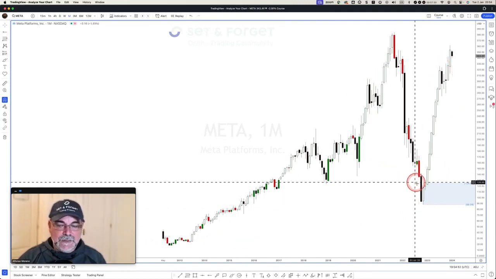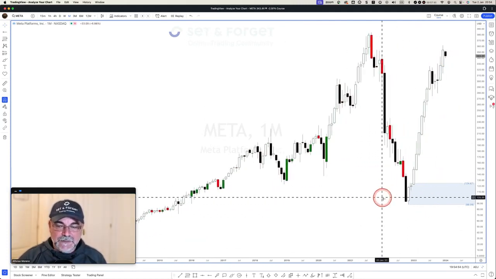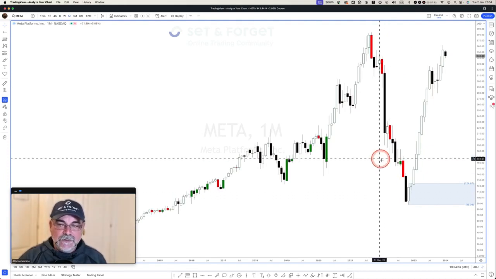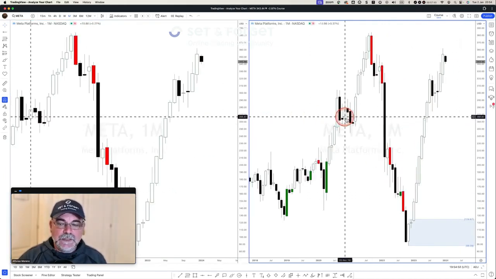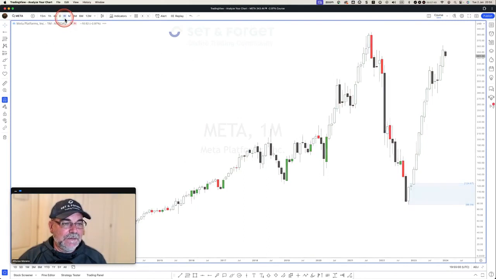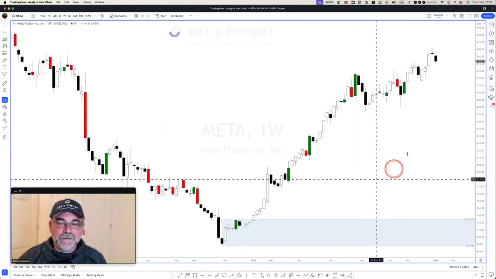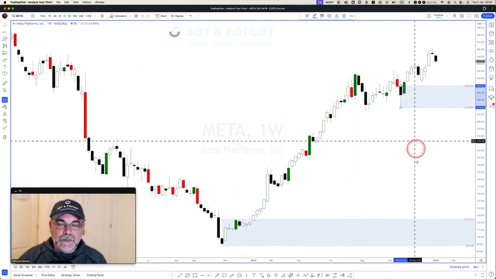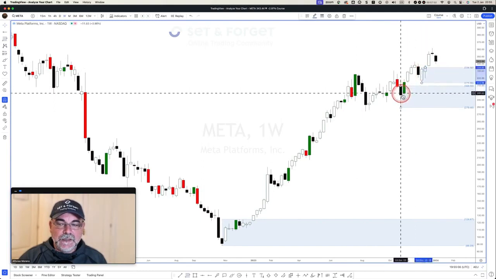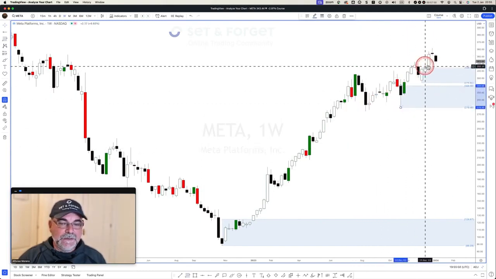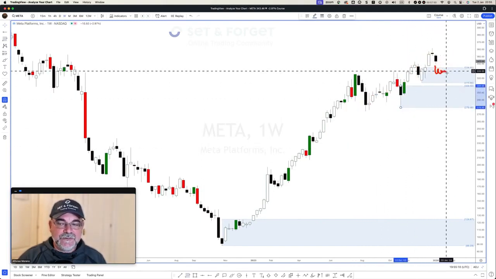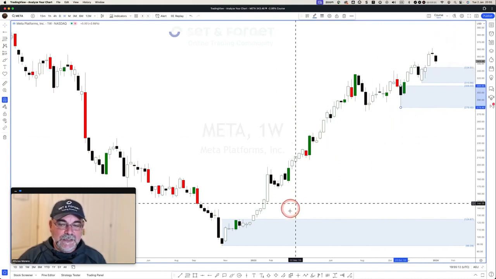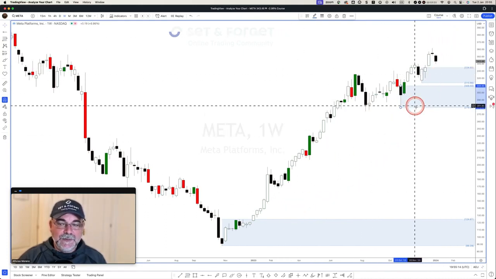So this is like textbook, which is insane, super strong. So now, what can we do with Meta after that? On the weekly time frame, we've got an imbalance here and another one over there, but they're weak. Okay, you need to use other strategies to go along from there. After such a strong rally, that probably will play out.